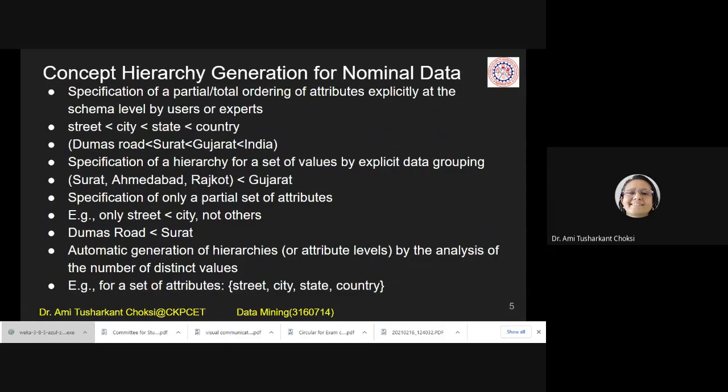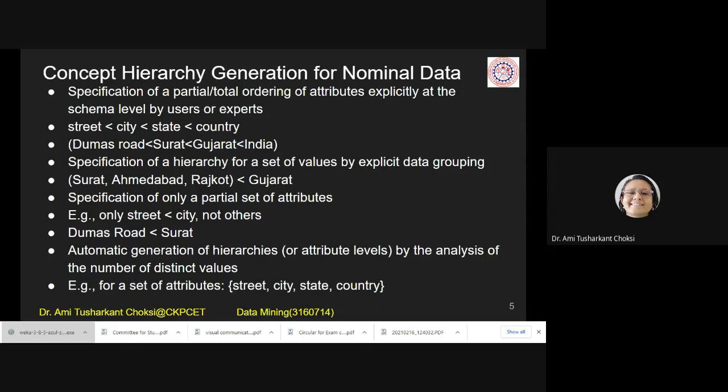Now, as we are talking since long of the example of street, city, state, right? Now, let us see the example in detail. Specification of a partial or total ordering of attributes explicitly at the schema level by users or experts. So, what do we say?